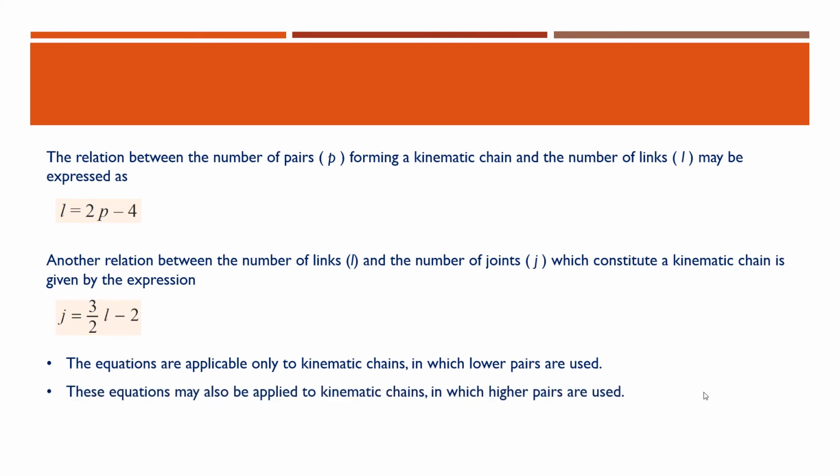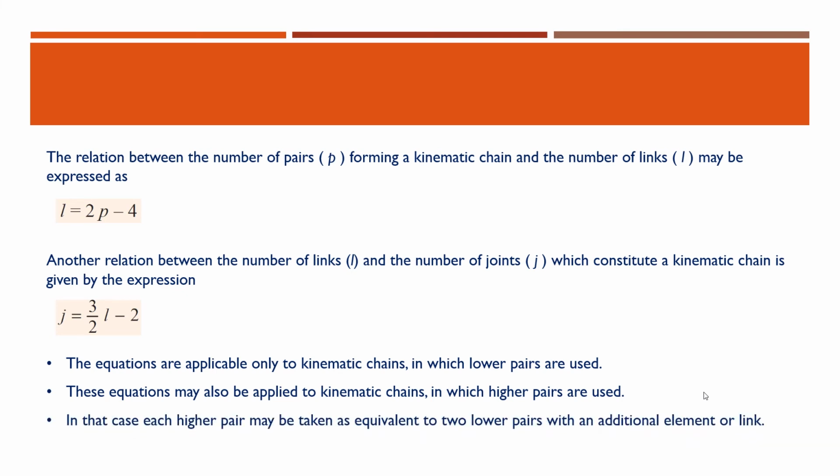This equation can also be used if higher pairs are used, but in such cases, one single higher pair is counted as equivalent to 2 lower pairs. If one higher pair is there, then p is equal to 2 in that case, because one higher pair is equivalent to 2 lower pairs.